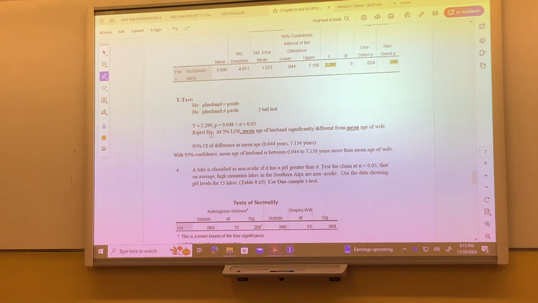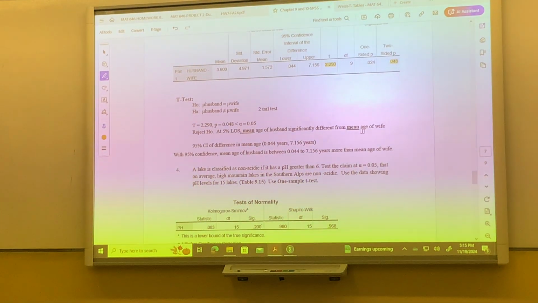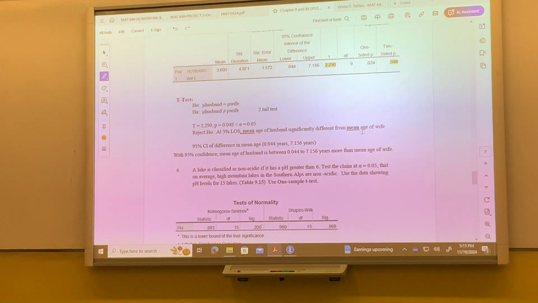Reject H0 at 5% level of significance, the mean age of husband, I would say borderline significantly different from mean age of wife. You don't have to worry, just write whatever. It's less than alpha so you're rejecting, you just write your conclusion the way we were talking.